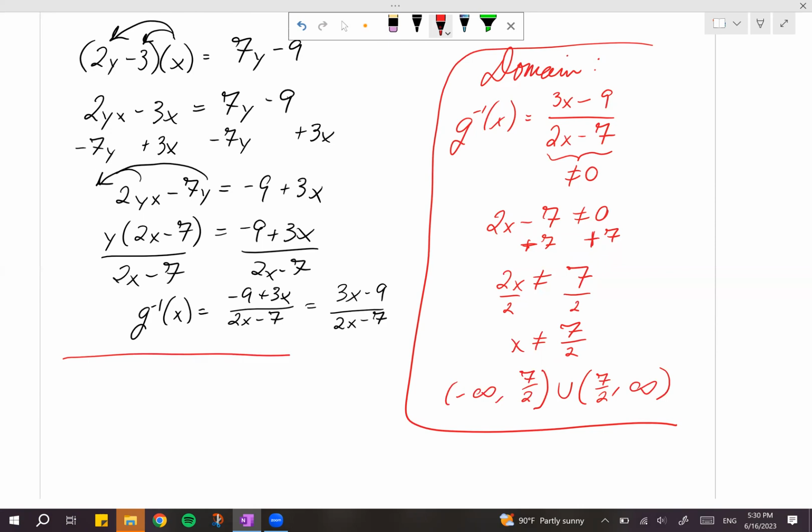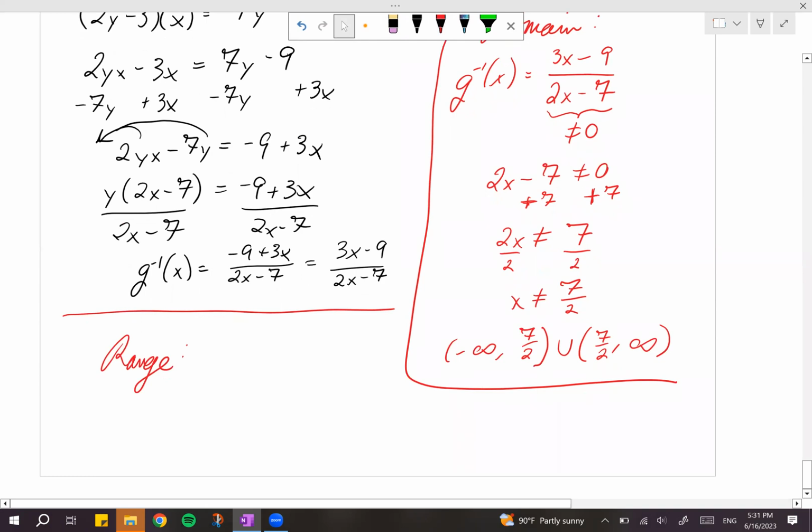All right. My range. g inverse of x equals 3x minus 9 over 2x minus 7. All right, my range is going to be, because this x is to the 1 and this x is to the 1, my powers match in the numerator and the denominator.